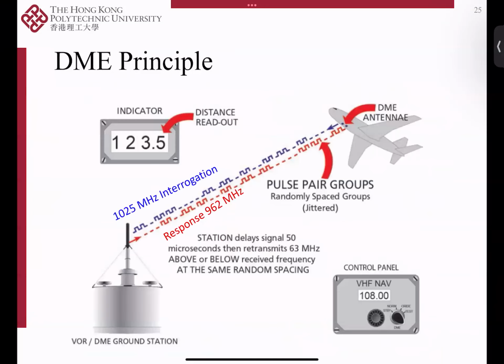Okay. After that, we'll also have the DME, the other one you are very familiar with from your flight sim. What you need to remember is that they have this kind of interrogation, and the interrogation has a random spacing, so it's kind of a random signal with some random coding on it.